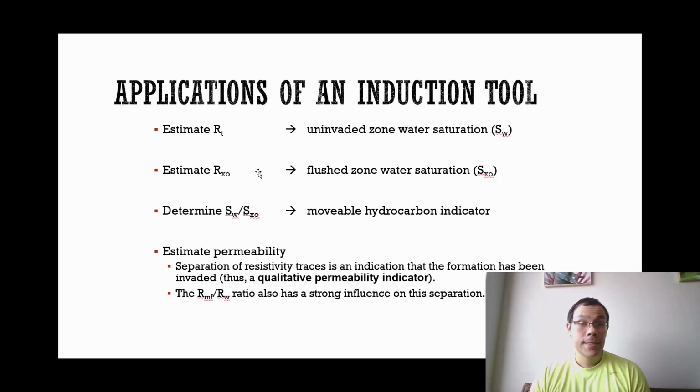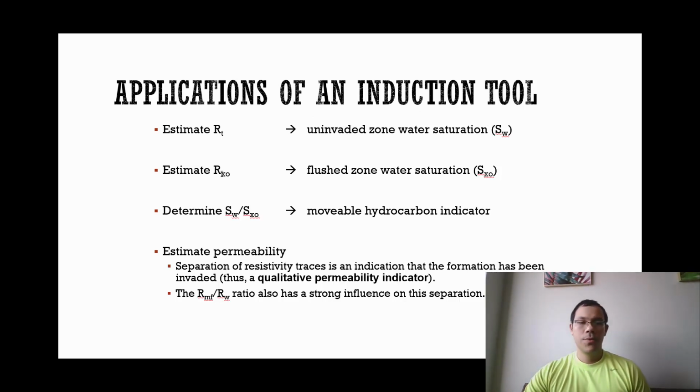Next, the question would be, why run an induction tool? Well, it is useful to estimate the formation true resistivity, which in turn will allow you to calculate the water saturation.